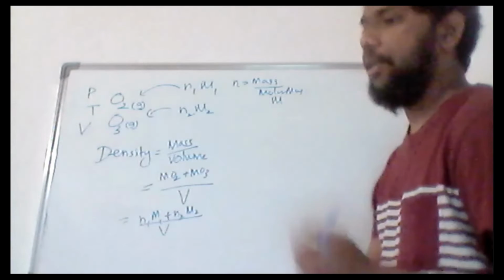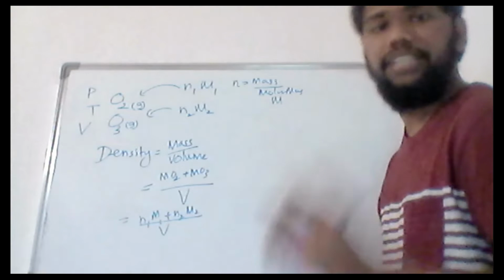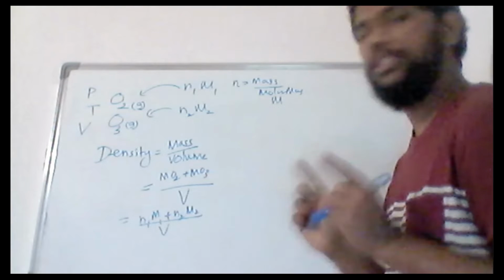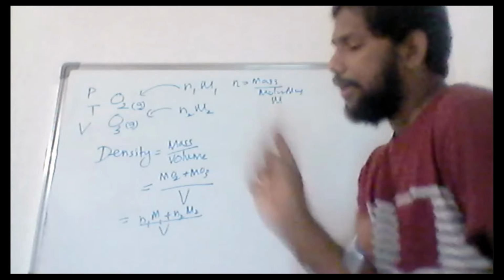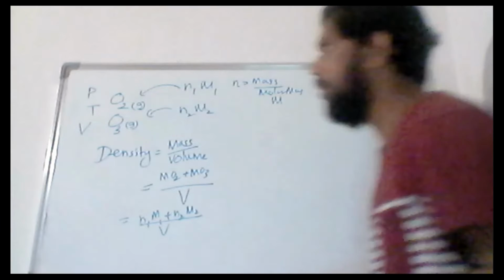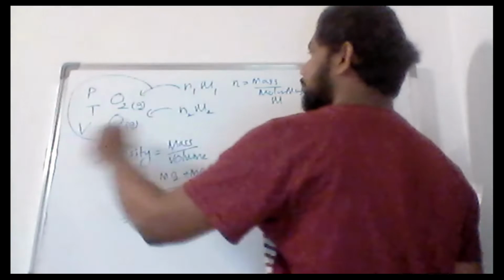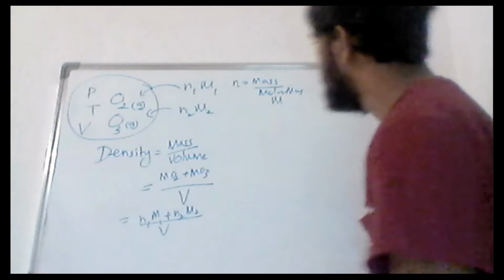But density, based on its definition, is described for the mixture, not for each individual species. So you cannot separately write down density of oxygen and density of O3 when you have this mixture. Okay, this is a mixture. So the first part is done.